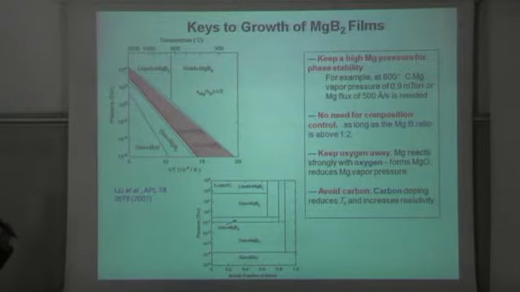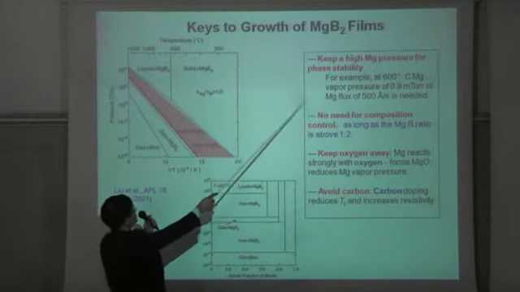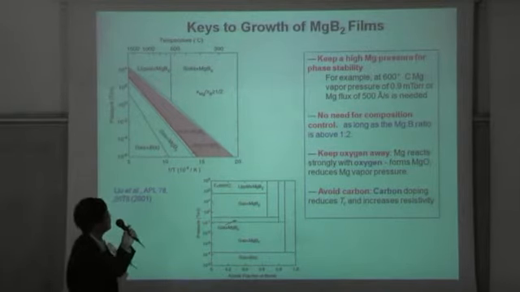And here are just some results of the thermodynamic calculations. This pressure versus temperature diagram is what we often use to guess what are good conditions for depositing any films, actually. So here are some keys to the growth of MgB2 film.